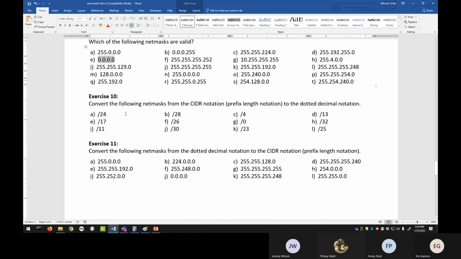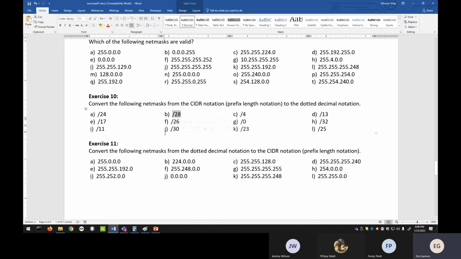Exercise 10. Convert the following net mask from the CIDR notation, which is the slash notation, to the dotted decimal notation. So /24 will be what? 255.255.255.0. /28 will be what?